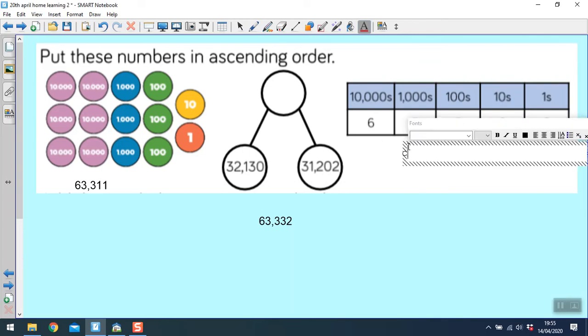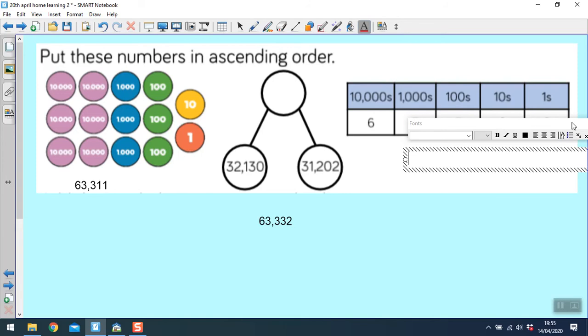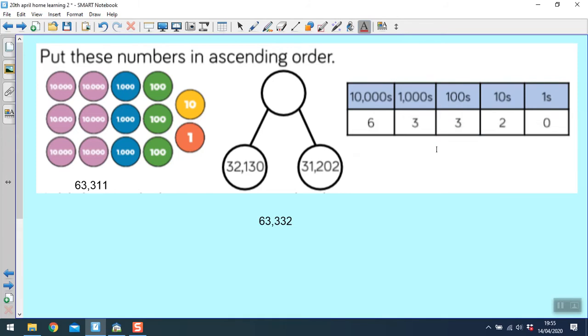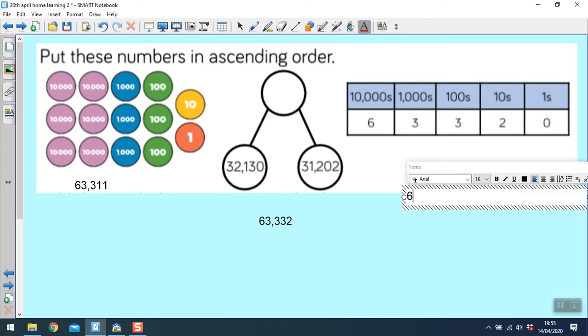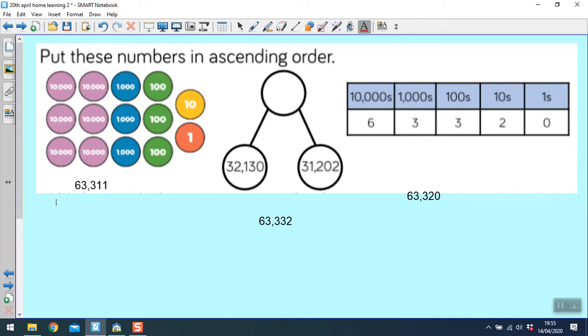And over here, to squash it together, I have got 63,320. So I've got 63,000, and 300s. Let's look at my tens column.